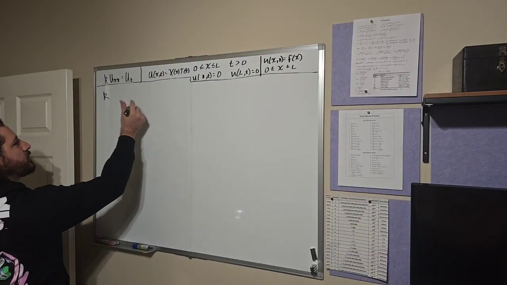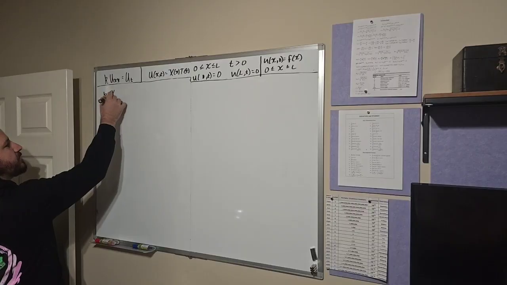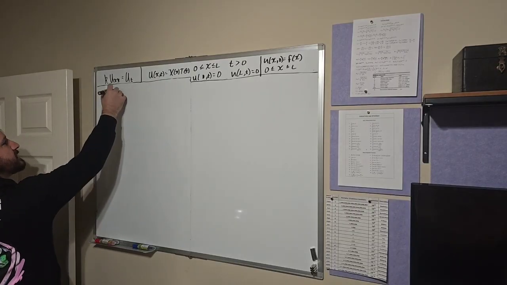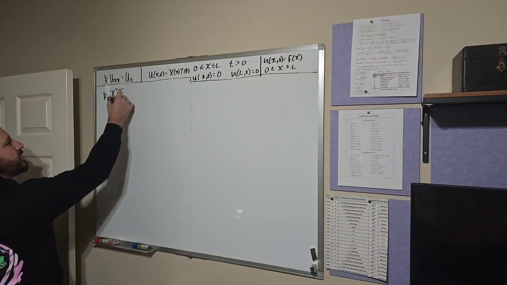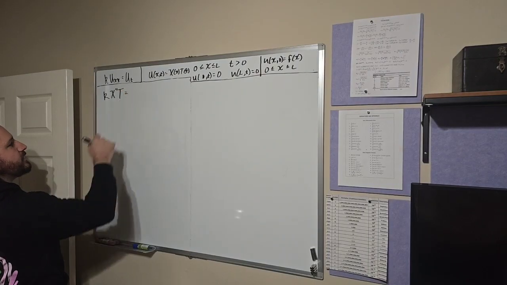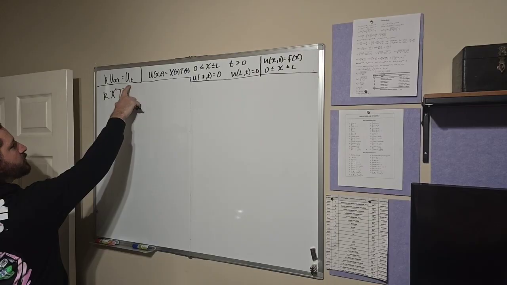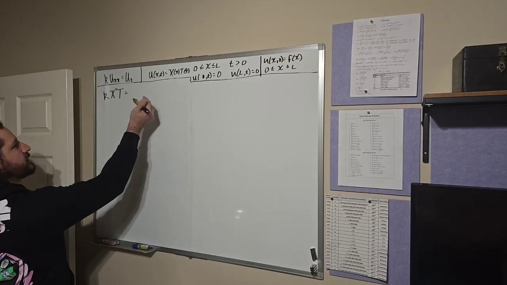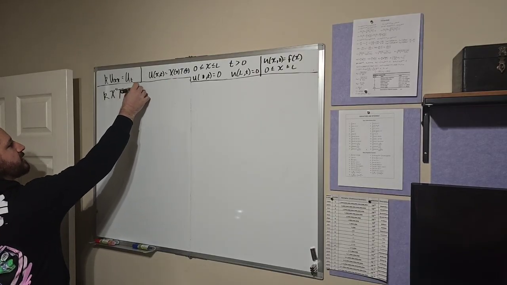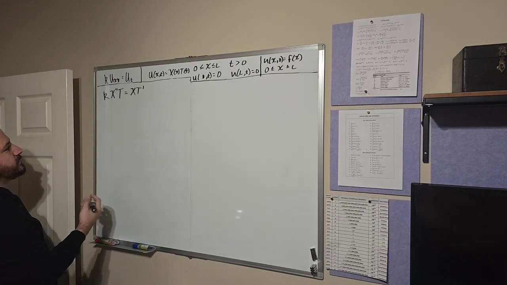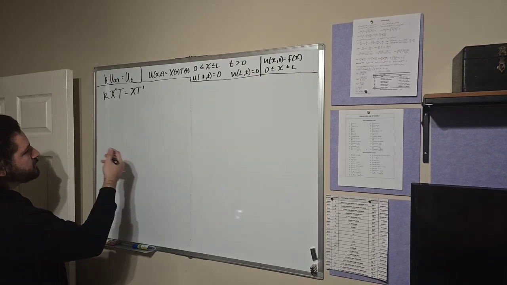So we're just going to have X double prime times T. And this is where I'm going to stop writing the small x's and small t's, just because that gets really cumbersome and it is not particularly urgent to do. And then we'll take our first partial with respect to t of the same function, so we'll just have capital X times T prime.